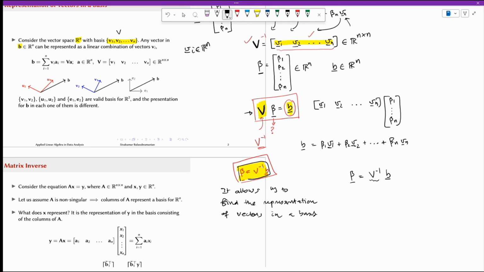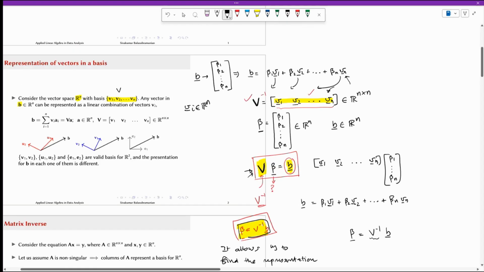If you're talking about computing V inverse, that means you have a matrix V that you're using, and this matrix itself is represented by a bunch of numbers.